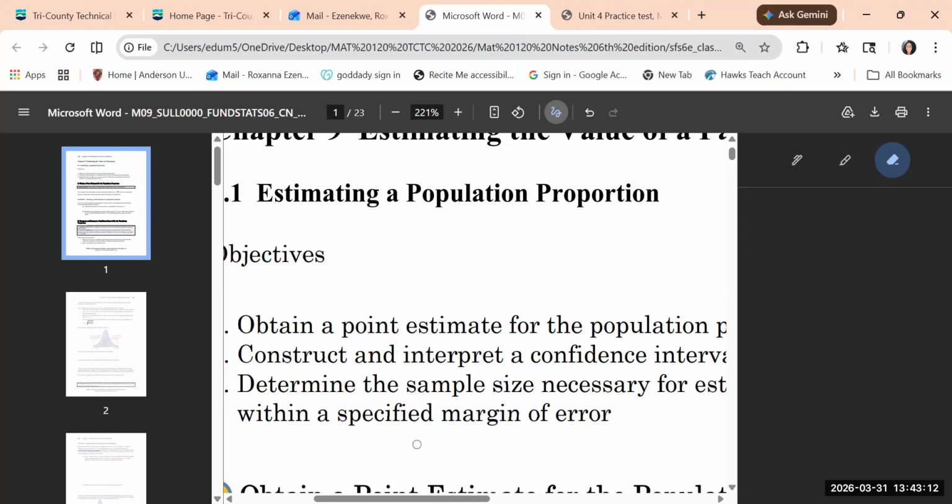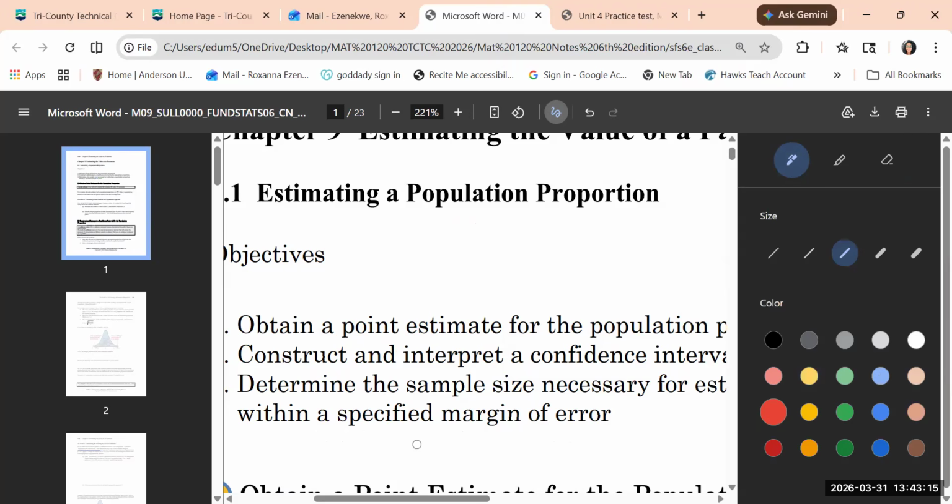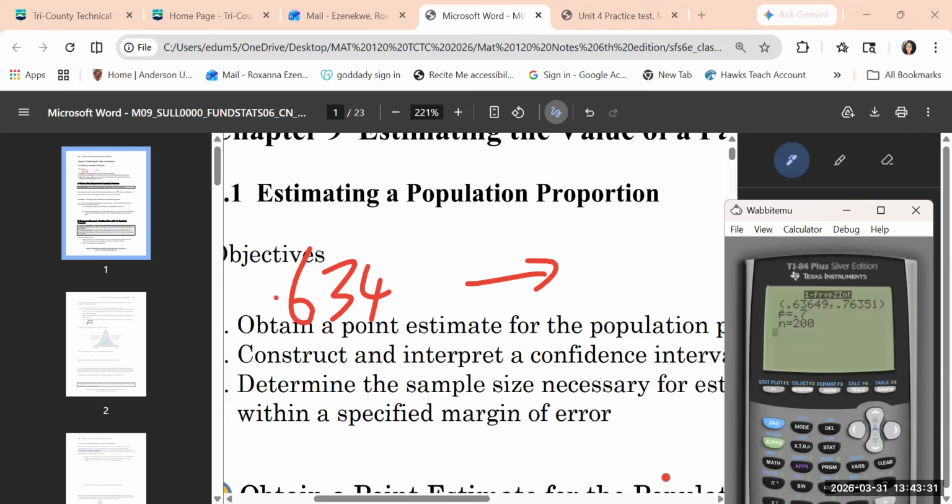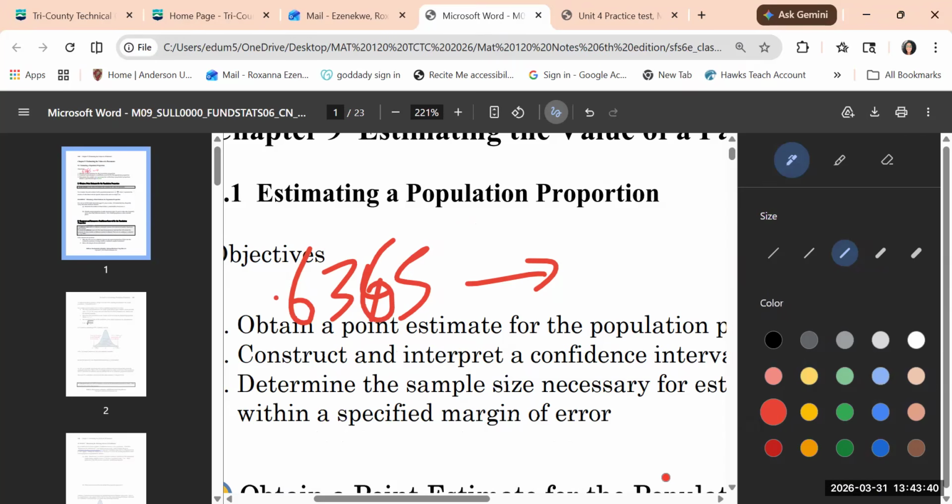So the estimate of the population proportion is from 0.634 to, let me bring that calculator again so I can get the actual 0.6365 to, then I will also get the right-hand side, 0.7635.